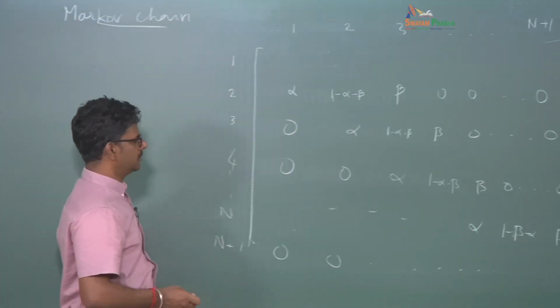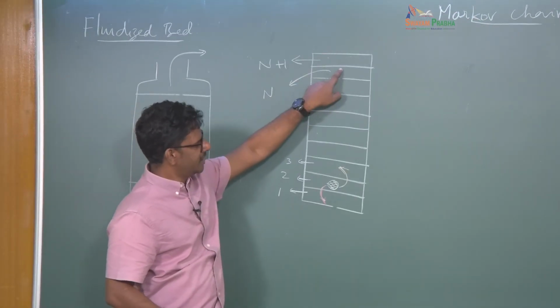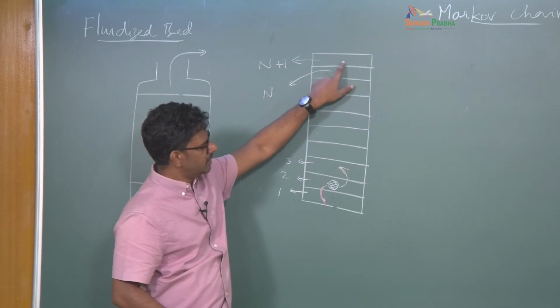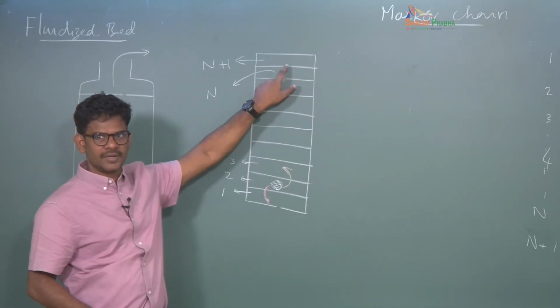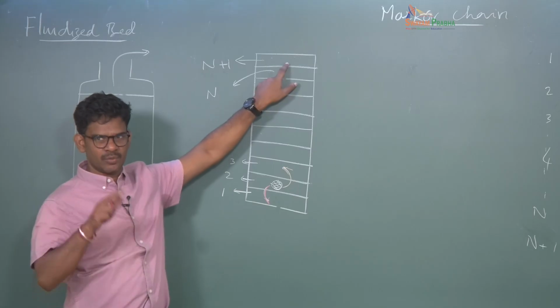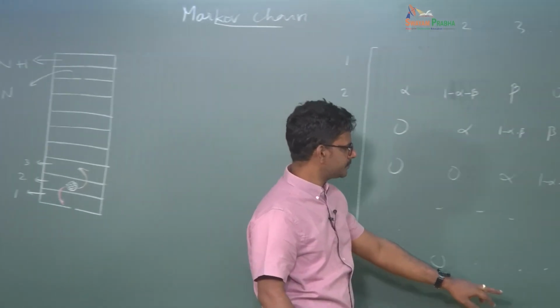When it is at n, it can go up, it can come down, or it can remain so. When it is at n plus 1, it's not going to come down. It is like a dead state, it can only remain there, like an absorbing state. So that's why I put 1 here.